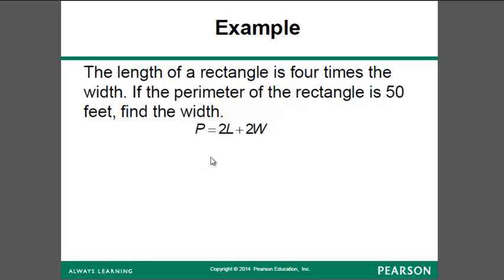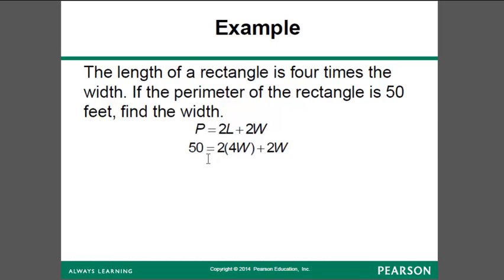So, again, we'll use this formula. But this time, we know that the P is going to be 50, and we know that the length is 4 times the width. So we can actually replace our L with 4W.